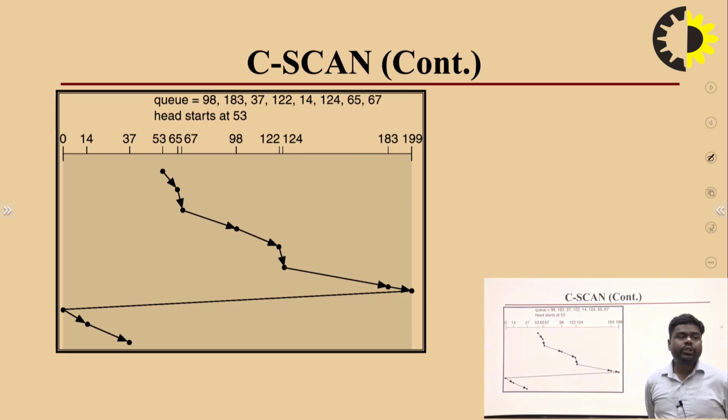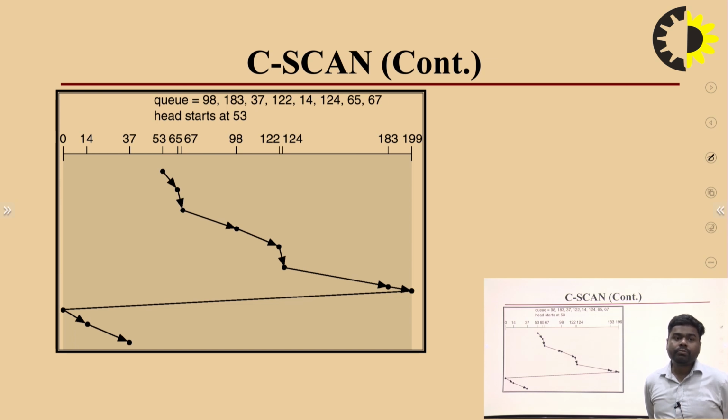The queue is the same, that is 98, 183, 37, 122, 14, 124, 65 and 67, and the head starts at 53. As I have told you, it starts from here and goes to the end, and after reaching the other end, it goes back to the first end.